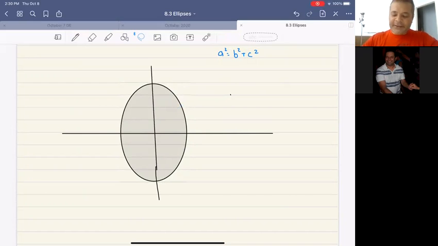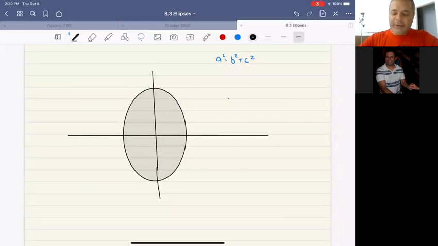Okay, and in this case, if it's oriented this way, the a is going to go with the y. So y squared over a squared plus x squared over b squared equals 1. I didn't make up the way they write it. That's just the way they do it. They always put the a on the axis that's longer. Okay, so in this case, our foci are going to be here and here.